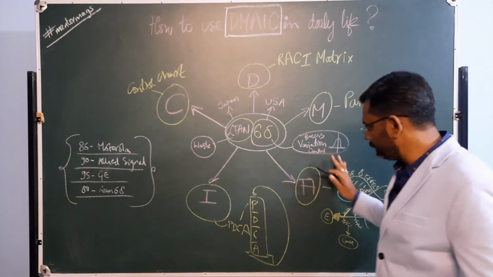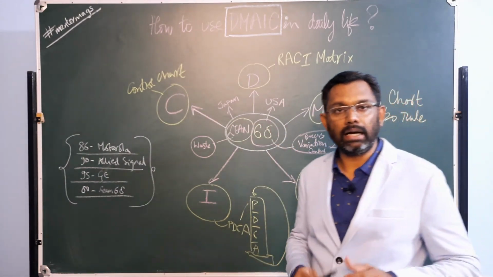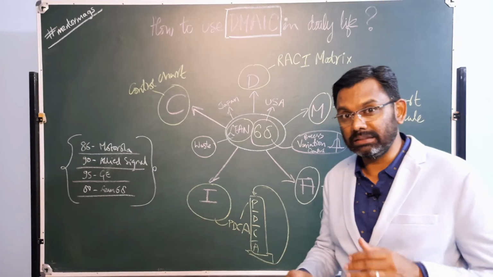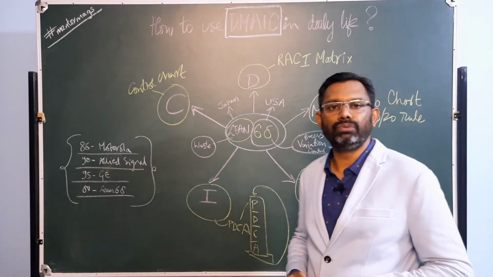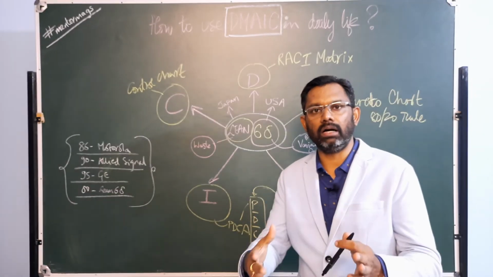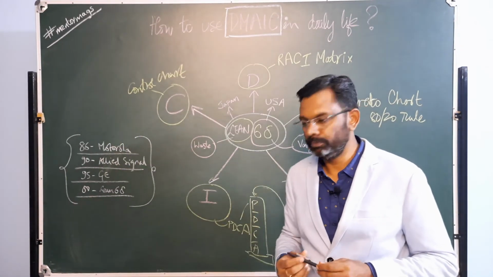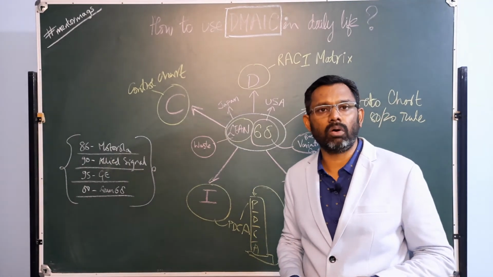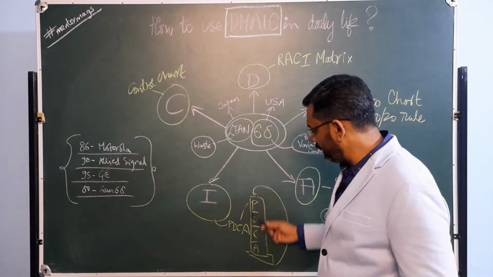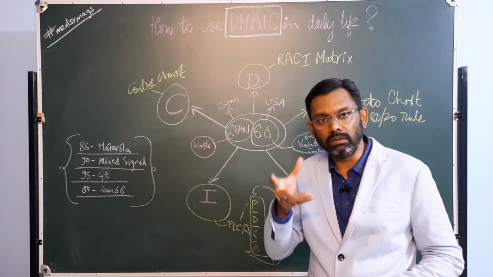Once you've analyzed that these are the areas where I am missing my goals and these are the reasons for missing my goals, then you need to find a way to improve from where we are to where we need to go. A very simple and powerful technique is called the PDCA cycle.